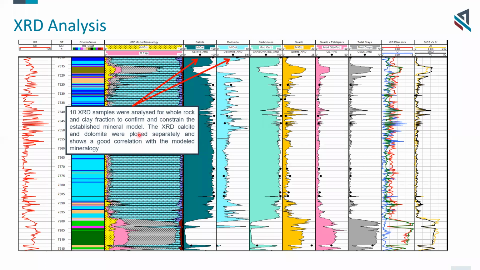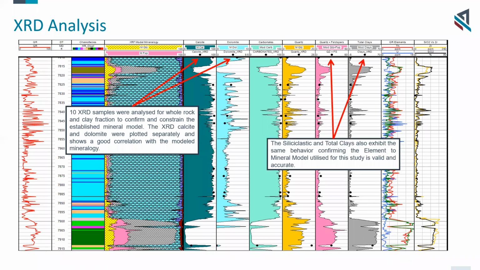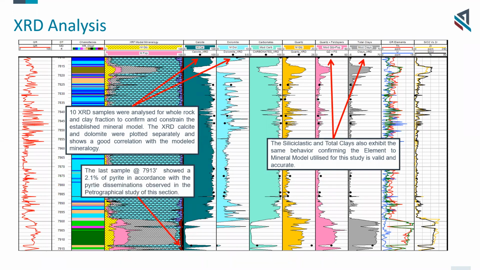The XRD, calcite and dolomite, these are plotted separately, and they show good correlation with the modelled mineralogy. Again, the quartz and feldspar and total clays exhibit similar behavior to the mineral model, validating the data.